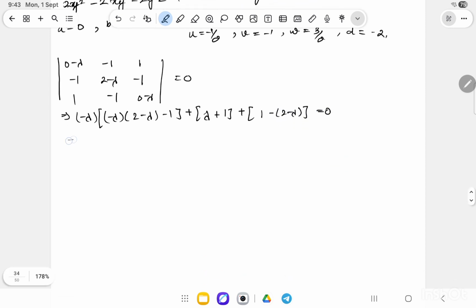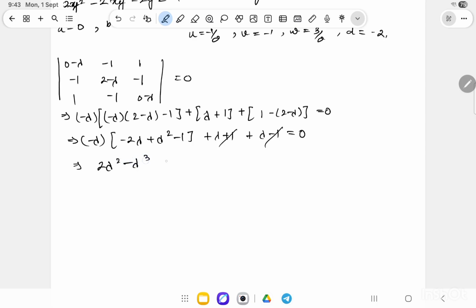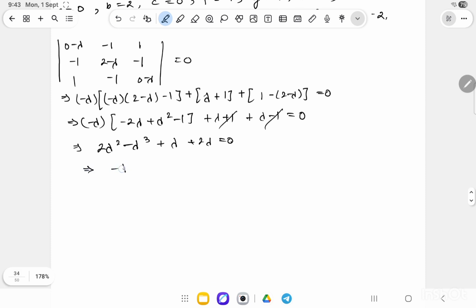So if I solve it, I'll be getting minus lambda into minus 2 lambda plus lambda square minus 1 plus lambda plus 1 plus lambda minus 1 is equal to 0. And if I solve it further, it will reduce to 2 lambda square minus lambda cube plus lambda plus 2 lambda is equal to 0. So this basically gives me minus lambda cube plus 2 lambda square plus 3 lambda is equal to 0.